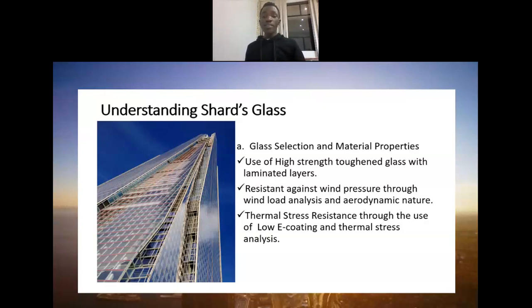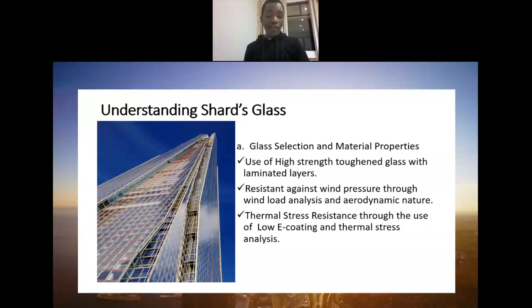We are also looking at the resistance against wind pressure, because we know wind is high at the place. So we are looking at the wind load analysis, determining the pressure that is exerted on this building by the wind itself on different parts of the building. The high-strength glass resists these forces, ensuring that the panels do not bow or break under high wind pressure, because this building penetrates deep into the sky.